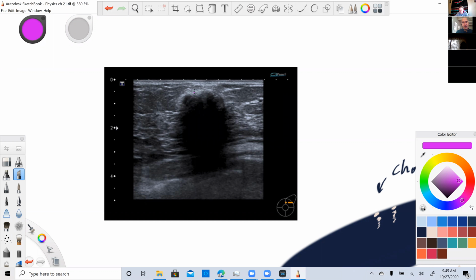The tumor itself is obviously, we know that's the top part of it because the ultrasound beam is going down, hitting it and reflecting like it normally does. But then we don't know, does it do this? Does it do that? We just don't know.